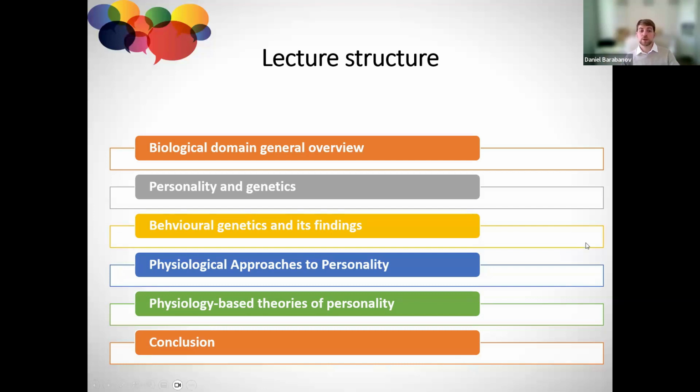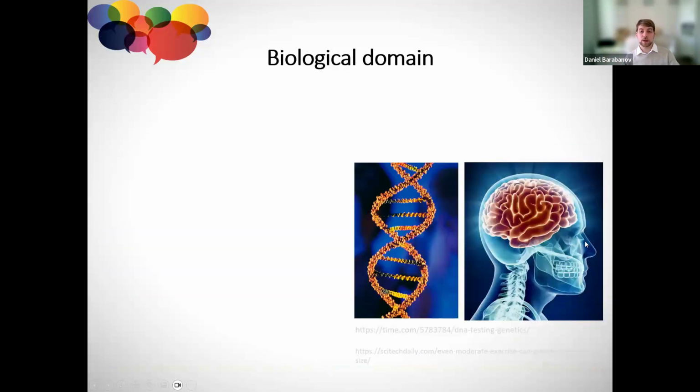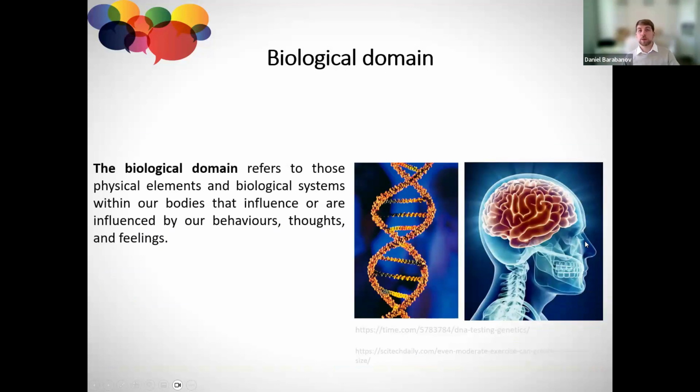So let's start with a general overview of the biological domain. The biological domain refers to those physical elements and biological systems within our bodies that influence or are influenced by our behavior, thoughts, and feelings. It's not a secret that all people have their body, right?